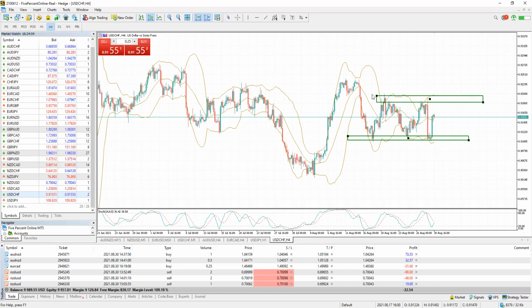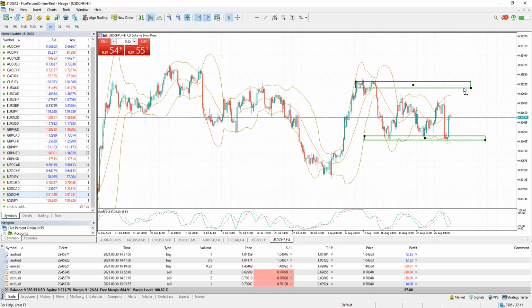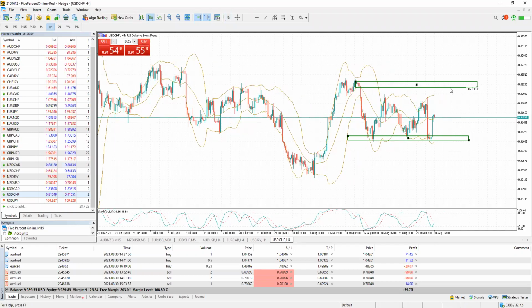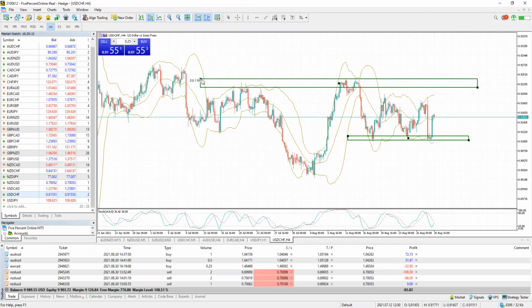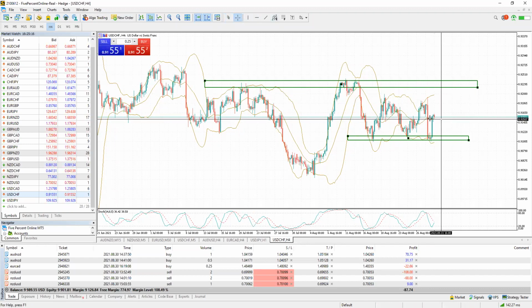So actually the market is consolidating on the H4. You also have to look at this higher level here. Actually, we are in the middle of nowhere on the H4, so just wait for a lower or higher move.